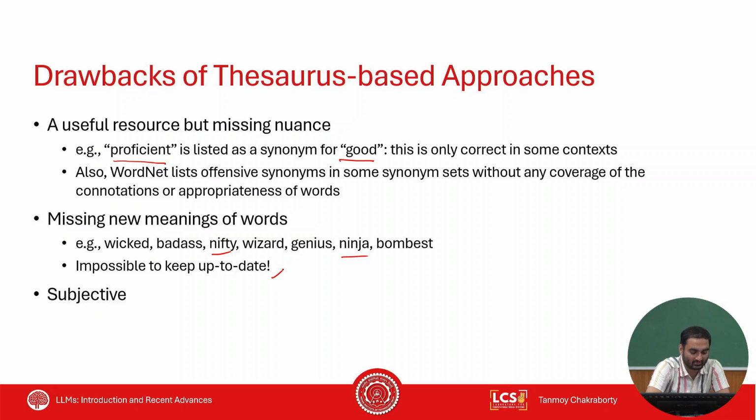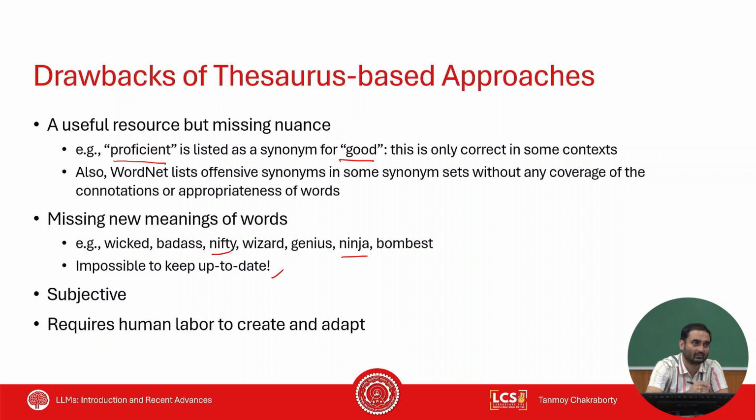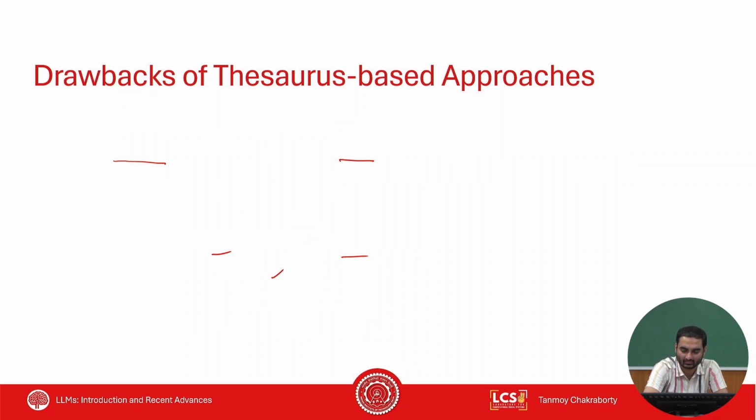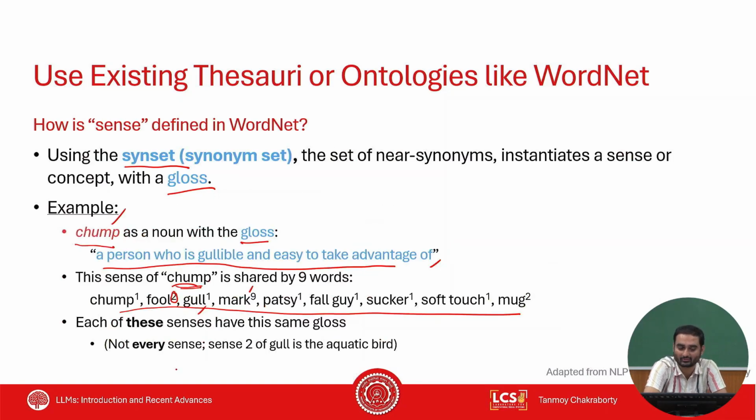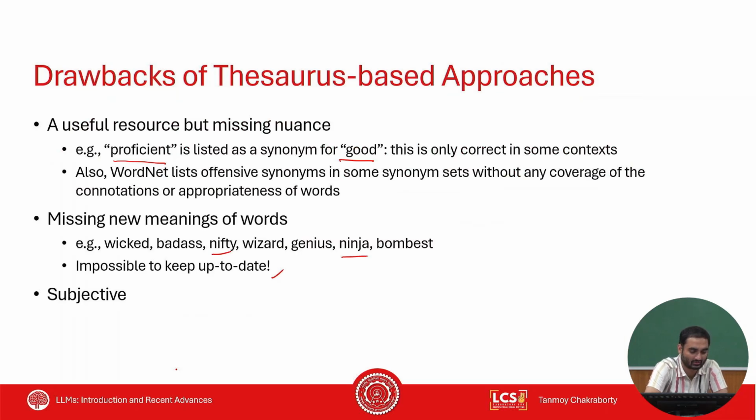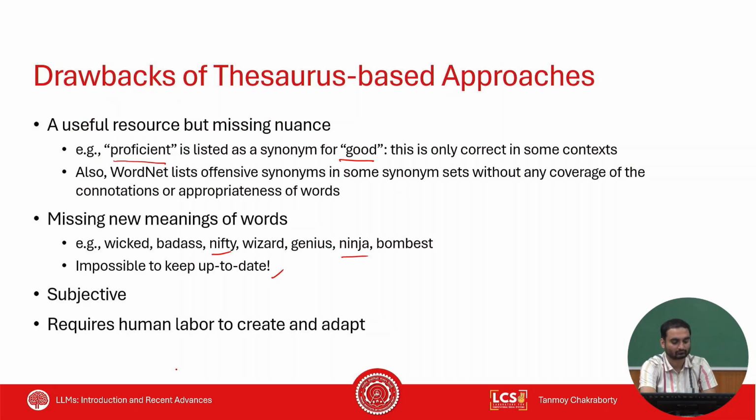Up-to-date information is difficult to obtain. The other problem is that WordNet mostly considers noun, adjective, adverb, and what else? Noun, adjective, adverb, and verb. The other parts of speech are not covered appropriately.